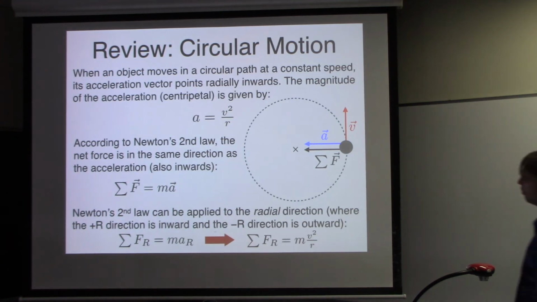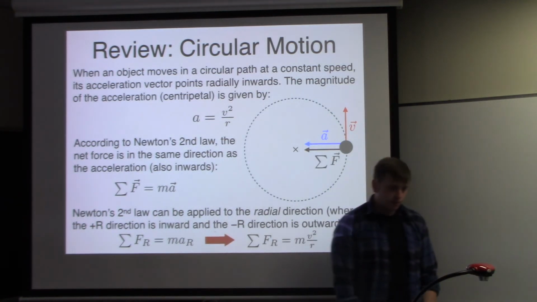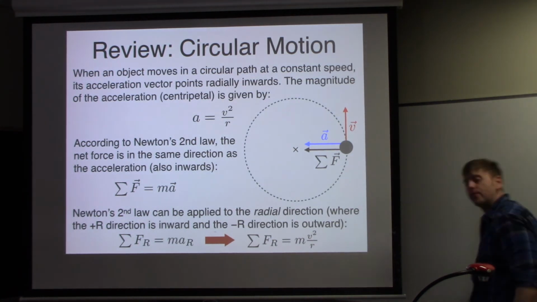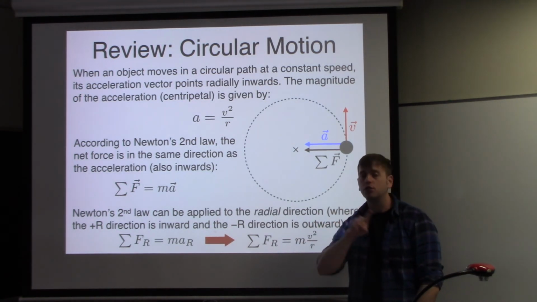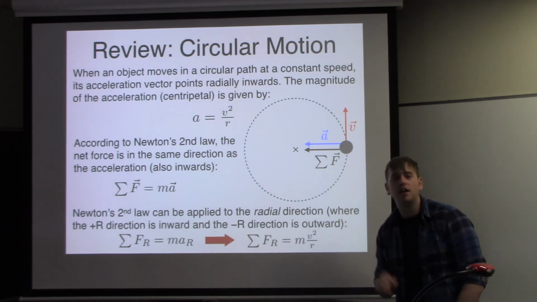And since we're dealing with circular orbits, let's do a review of circular motion because this is going to be highly relevant. So let's take a quick accounting of everything we learned way back in Chapter 5 when we first saw circular motion. Okay. So the one thing we found is that if something moves in a circle, even if its speed is constant and not changing, it still has acceleration.